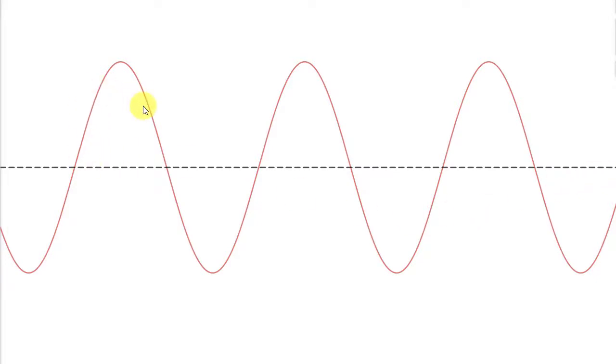But the idea is any simple wave, any sinusoidal graph must have a center line. And vertically up and down from where the center line is, it's going to indicate how far your wave goes away from the center line, and we call that the wave height or the amplitude.